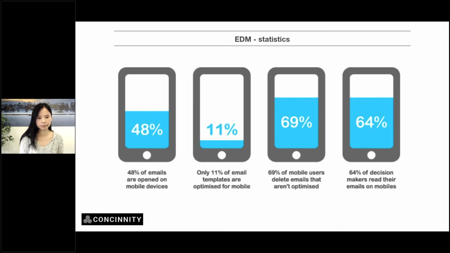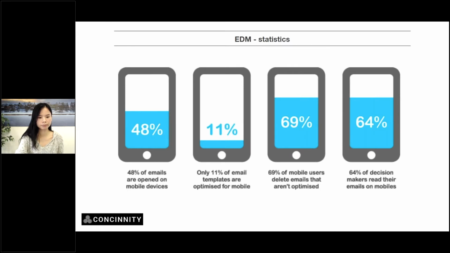Which is why only 11% of templates are actually optimized for mobile, which is most of the reason you're looking at this. Imagine you're traveling in an MTR, you get an email, and you look at it on your mobile phone, and what you see is some random coding which comes up when you click open, because they've not optimized it.